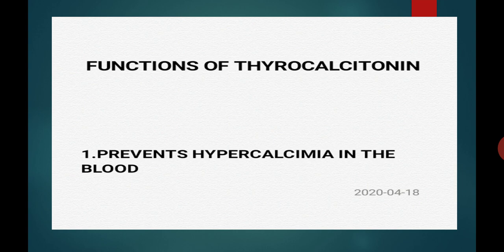It prevents hypercalcemia by increasing calcium deposition in the bones and by decreasing calcium reabsorption from the urine. So by using these two processes, thyrocalcitonin prevents hypercalcemia in the blood.